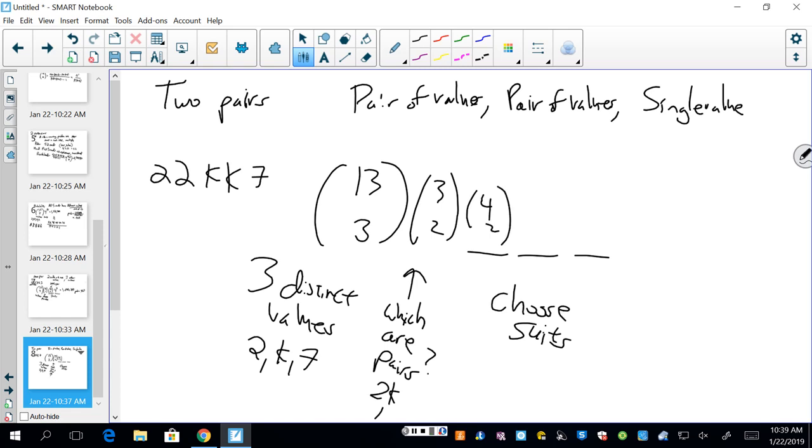That can be for the 2s, the kings also have 4 choose 2. And then the 7, we just have to choose one of those. This ends up being 123,552, I think. I might be off because I'm not sure of the right number. The probability, if you calculate that, is about 4.8%.